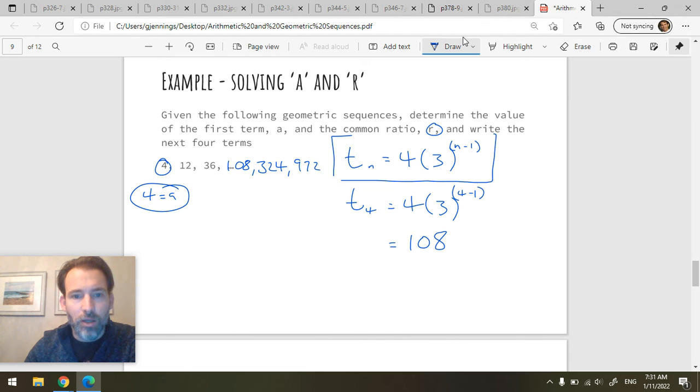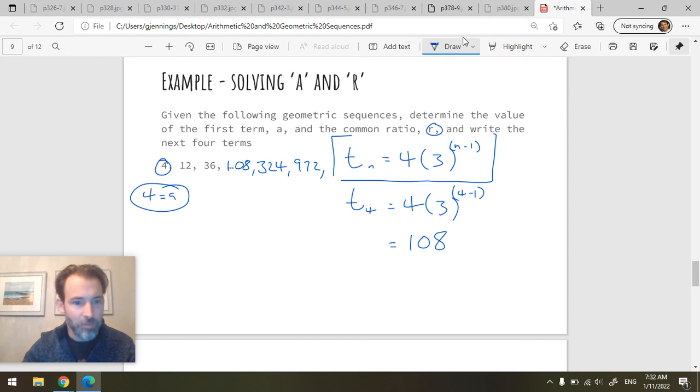972. Okay, and then we were asked to find one more, so that would be a little less than 3,000. If I'm going to do that in my head, what I'm going to do is take 28, which is the difference between this and 1,000, multiply 28 by 3, and then subtract that from 3,000. And that's going to give me the next term. You can check my math and see if I'm right.